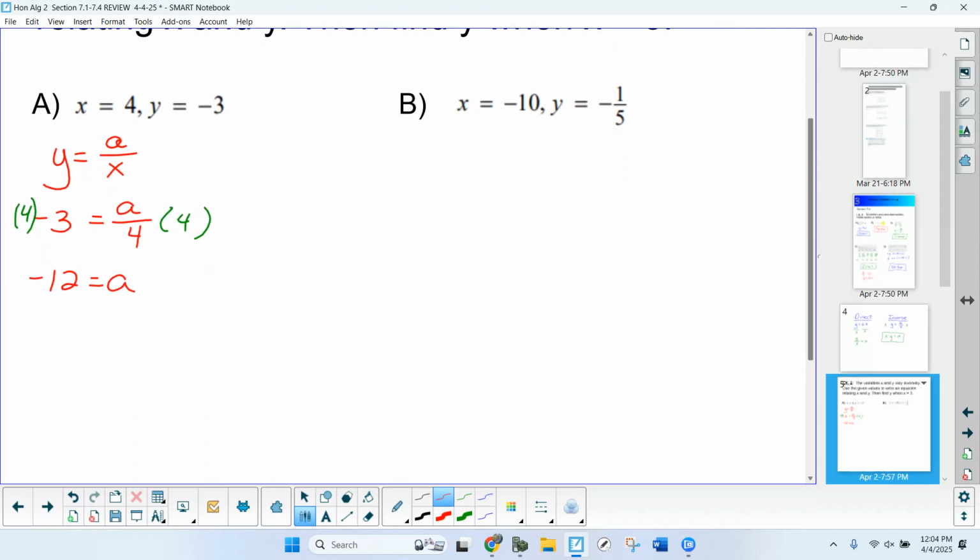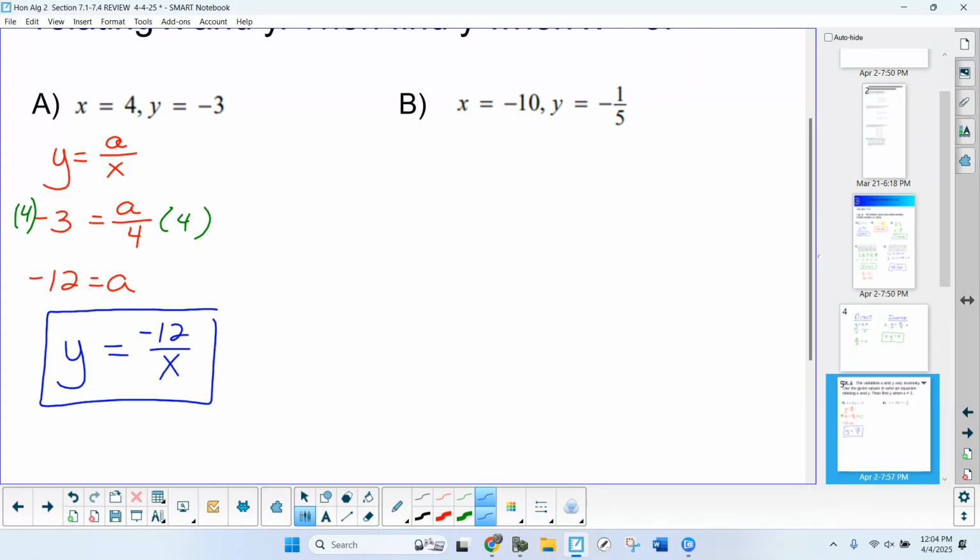My equation relating x and y is y equals what?